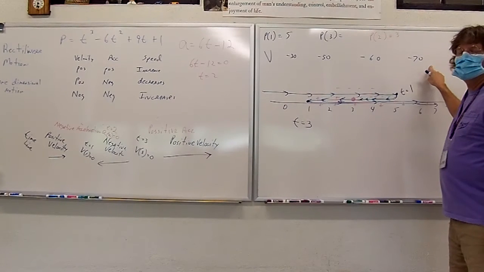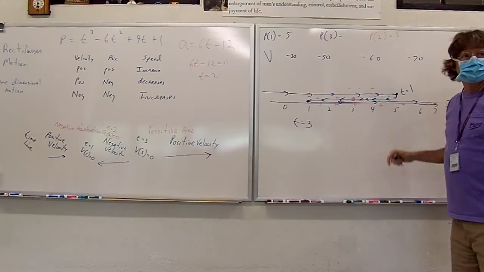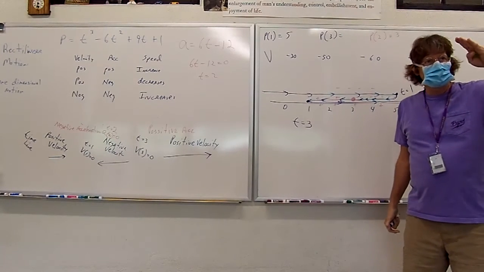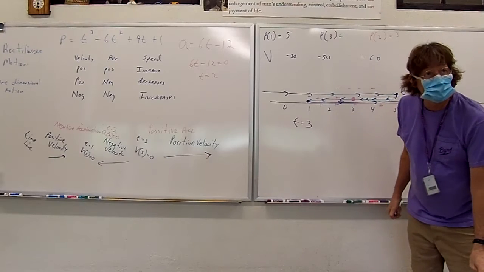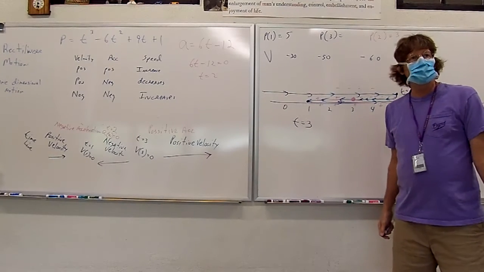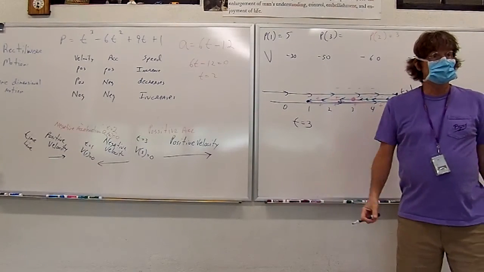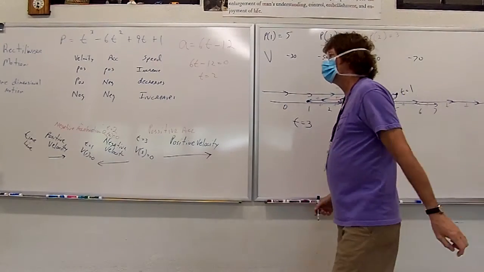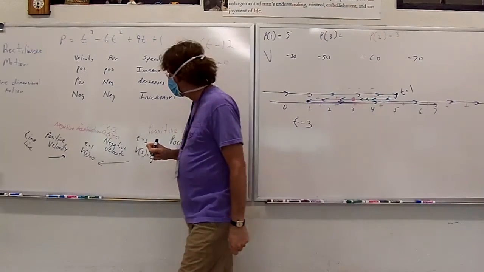But what happens when you take the absolute values? They get bigger. See, negative 60 and then negative 80, yeah, the velocity got smaller, but you're really going faster in reverse. Is that all right? Yeah. I want y'all to honor this chart, because this chart will help you.